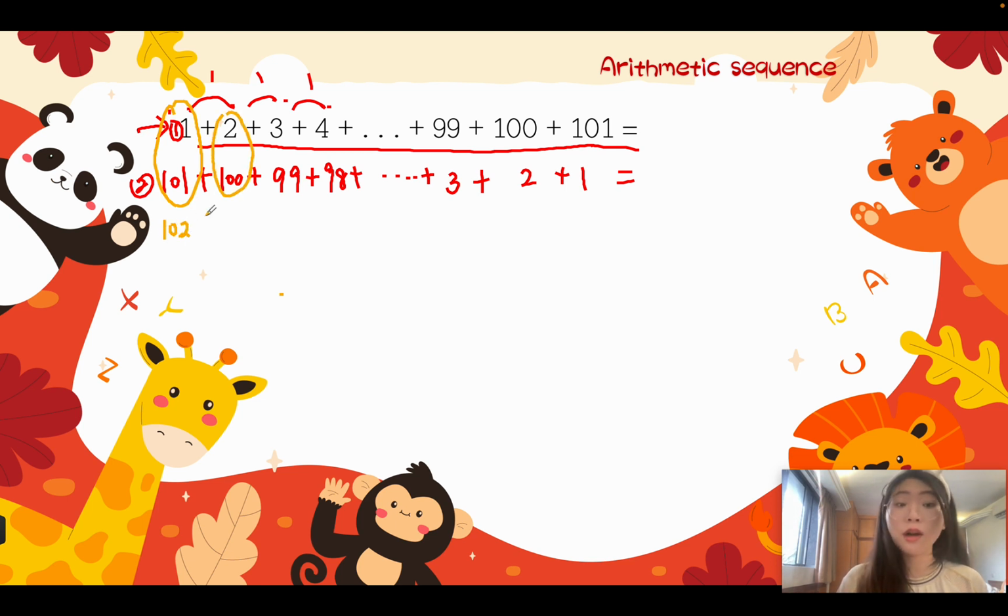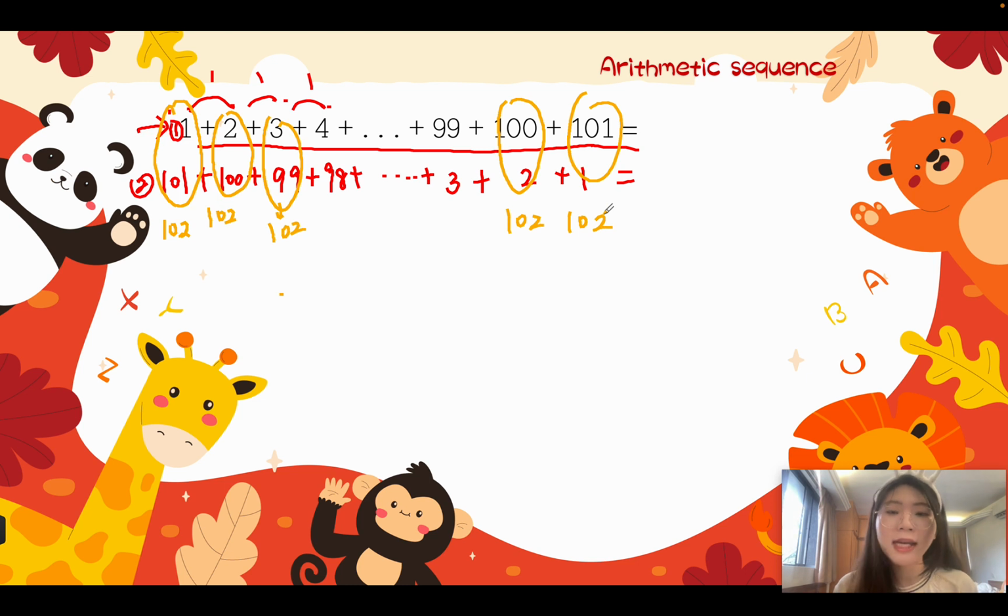This pair, 102. This pair, also 102. This pair, 102. So it means in each group, the sum of them is 102. So how many groups are here?